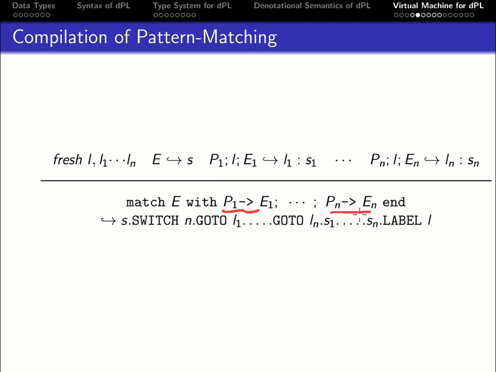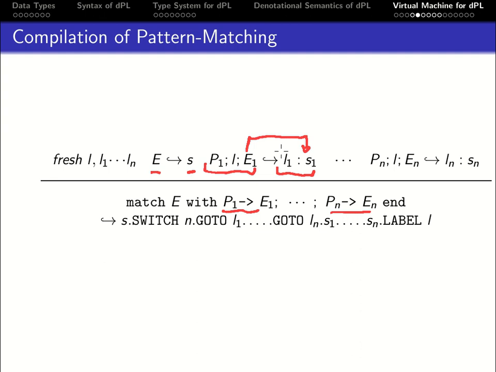So how are we going to do this? So let's see what the translations are. E translates into S, that's our assumption. And then we're going to have this triple here. This is going to be a helper as we did before. We're saying that the triple P1 L1 E1 translates into L1 S1. What we need to understand at this point, we're going to define this later, is that in fact E1 translates into S1.